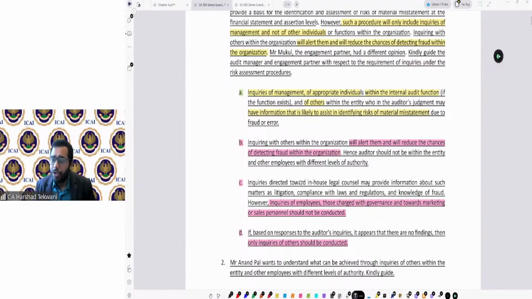So this question will not only provide the answer to which type of information, but will also help you understand why it is necessary to make inquiries with others. Another answer is that a written representation should be asked from management, and written representations are a good example of other information that we require. Very good, Jigar.